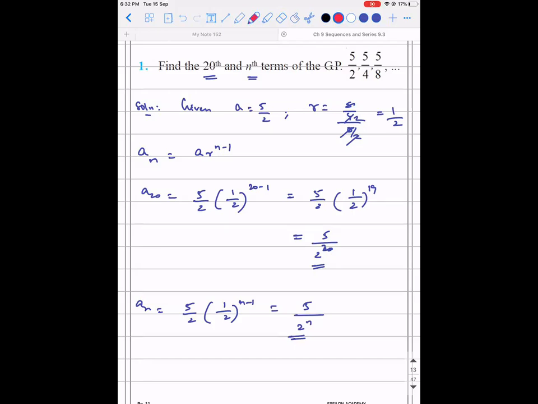So here the 20th term is 5 divided by 2 power 20 and the nth term is 5 divided by 2 power n.